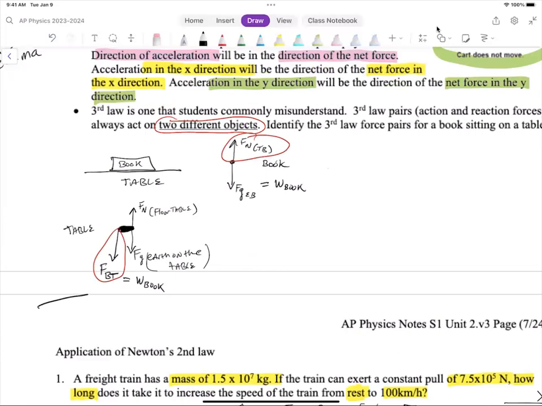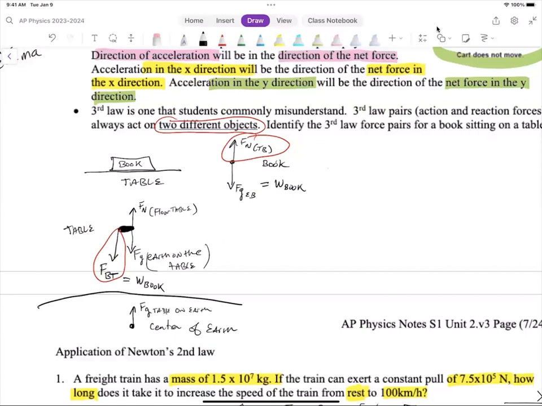Anyone? Here's the center of Earth. The table is pulling up by the same magnitude. That is the table on the Earth.